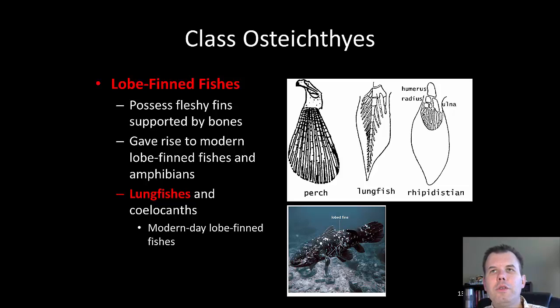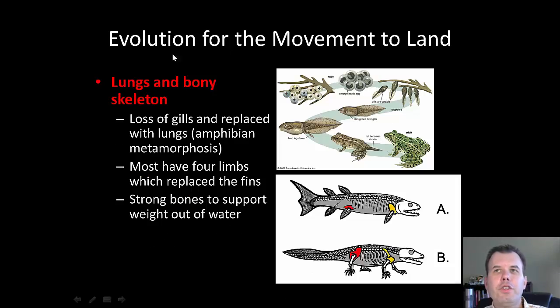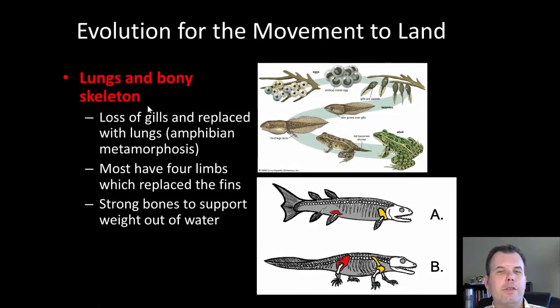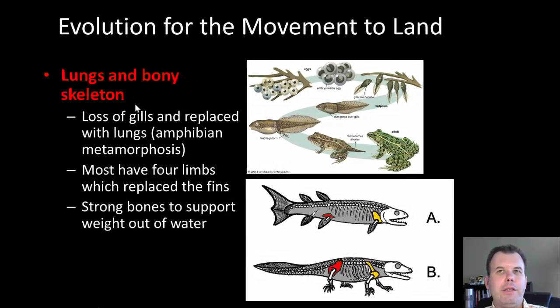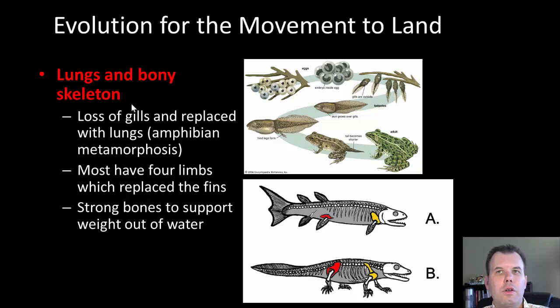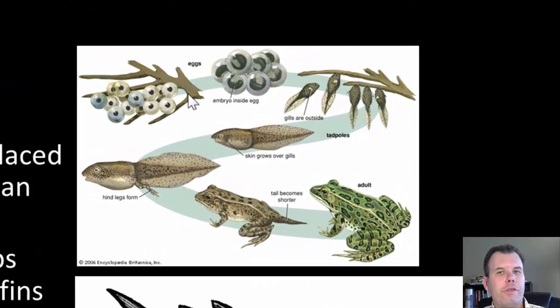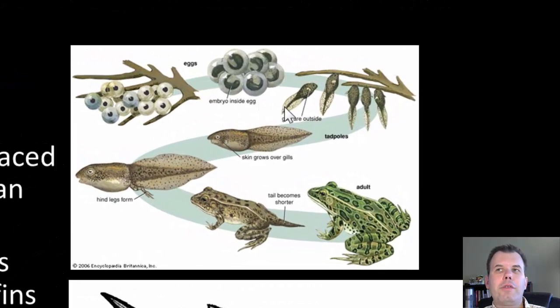So the next group we're going to talk about, or I guess I should talk about, is the evolutionary movement onto land, the lungs and the bony skeleton. And so that movement to land: the loss of gills, replaced with lungs. If you look at the amphibians and how they go through metamorphosis, the interesting thing is that the frogs start as tadpoles and they have gills. But as they get older and closer to adult, they go through metamorphosis, and so they lose their gills and develop lungs.